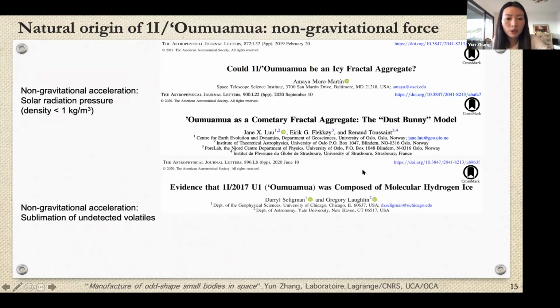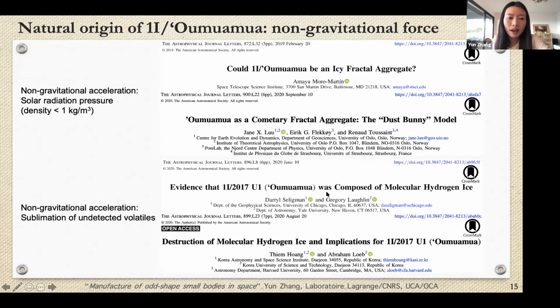And it's also possible that the non-gravitational acceleration is caused by sublimation of undetected volatiles like hydrogen ices. But some other studies suggested that the hydrogen ices would be destroyed during the interstellar journey. Therefore, we would like to explore other possibilities to account for the non-gravitational acceleration.